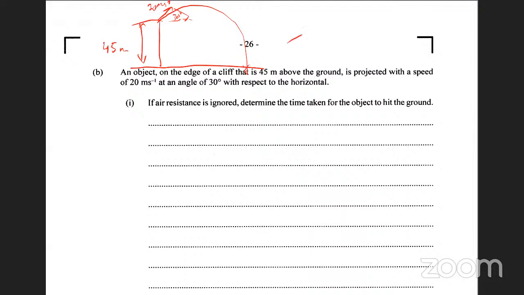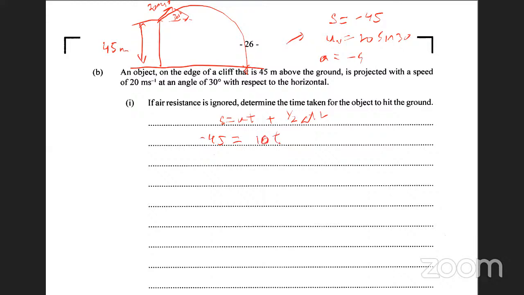So when it hits the ground, what do we know? We know that the displacement is negative 45. We could find the initial velocity vertically, and we know the acceleration is minus g. Initial vertical velocity will be 20 sine 30. And we could use s equals ut plus a half at squared. s is minus 45. u will be 20 sine 30, that's 10.